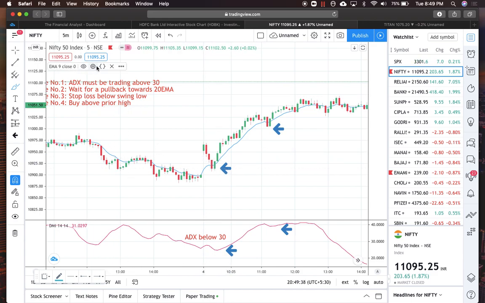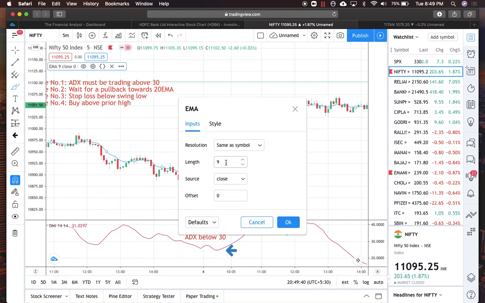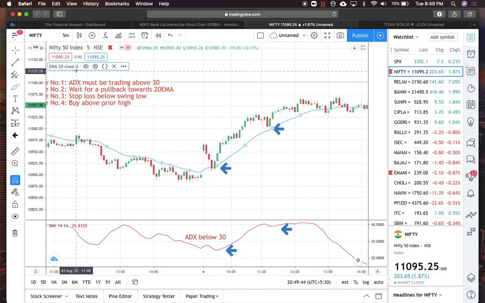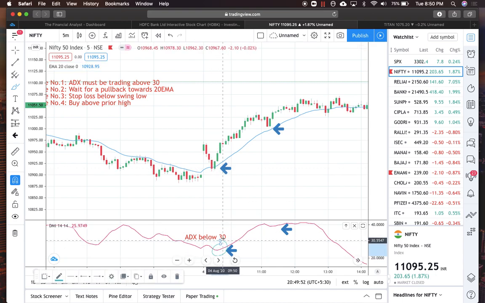I think I have not altered the value of the 20 moving average. Let me make this the 20 number, right? So you can see price has retraced towards the 20 EMA, but we are not concerned at this point because ADX was below 30. So this is something that is very important in your trading setup. Things might be following some of the rules, but you want discipline in the market, because if there is no discipline, things can go wrong.